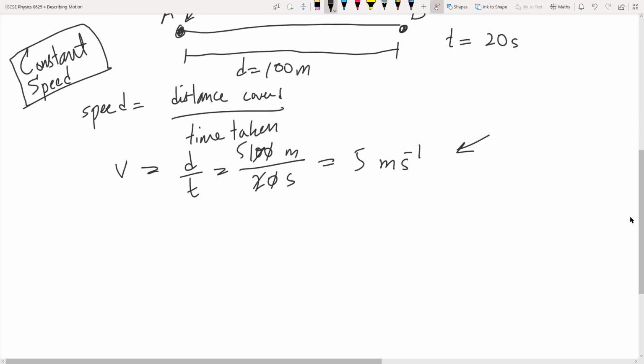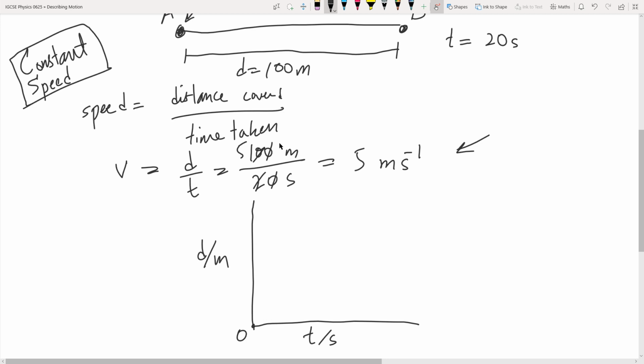So if I try to understand this, I plot this as a graph, right? Let's say we have distance, which is in meters, and we have time, which is in seconds. Point A was referred to as the origin.